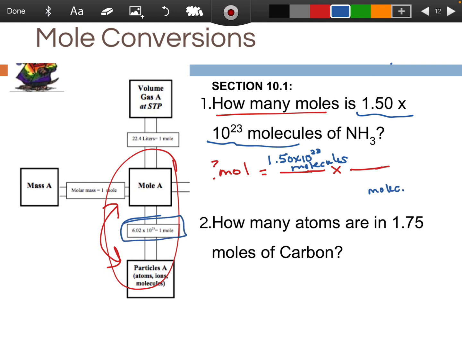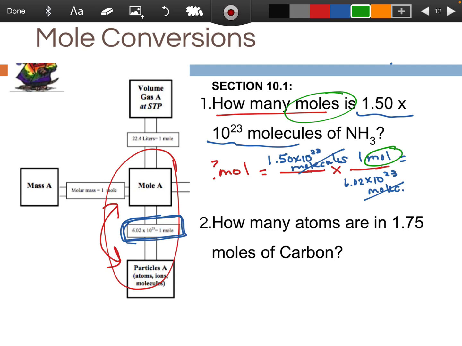From our conversion factor, which is here in the middle of the mole map, we know that there are 6.02 times 10 to the 23rd molecules equal to 1 mole. Sorry, my writing is not very clear. So molecules cancels out, and we are left with moles, which is what we're trying to find.